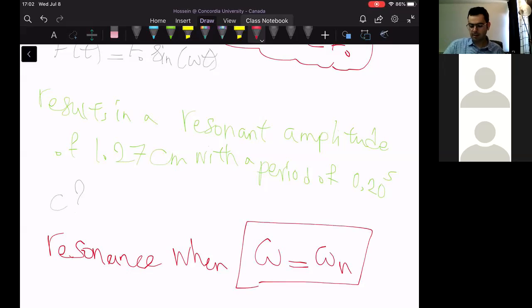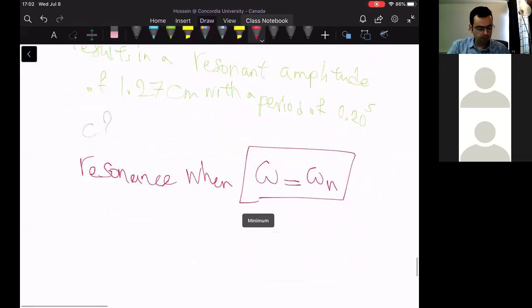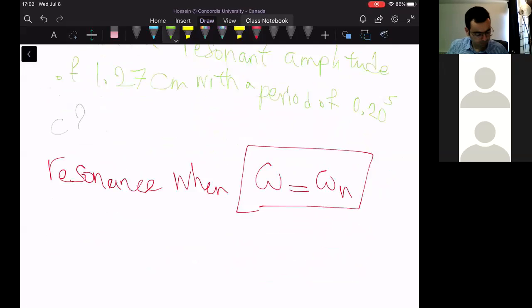In this case, the amplitude of vibration is gradually increasing and increasing. In case of resonance, the only tool that can reduce the amplitude of vibration is damping. Very important.